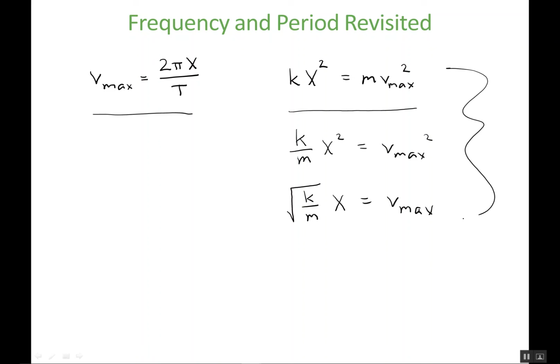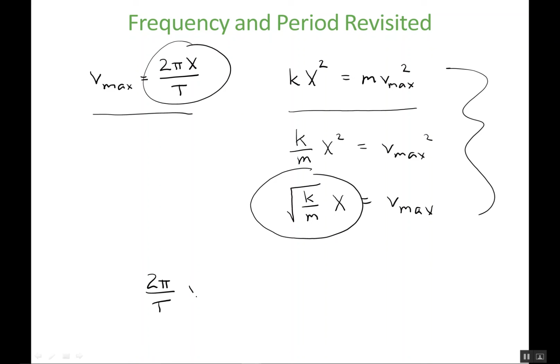So I get v max equals the square root of k over m times capital X, the amplitude. So now I can set this term equal to this term, giving me 2 pi over T times X equals the square root of k over m times X.